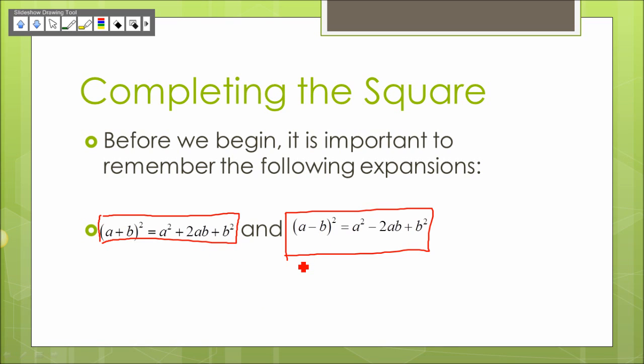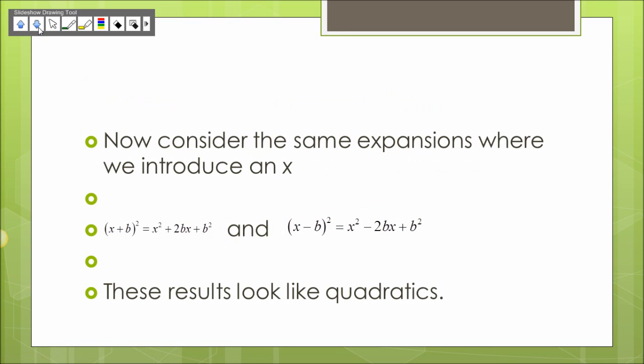Now it's important to remember exactly what these look like because they will help us when we use our completing the square method a little bit later on. To make these a little bit more familiar, if you have a look at your page a little bit further down, if we substitute x in place of a, where it would usually be in the brackets in both of these cases, when we expand them out, these expansions look a little bit familiar because we have our x squared term, we have our x term, and then the b's just represent the constant terms or the coefficients in each of these cases.